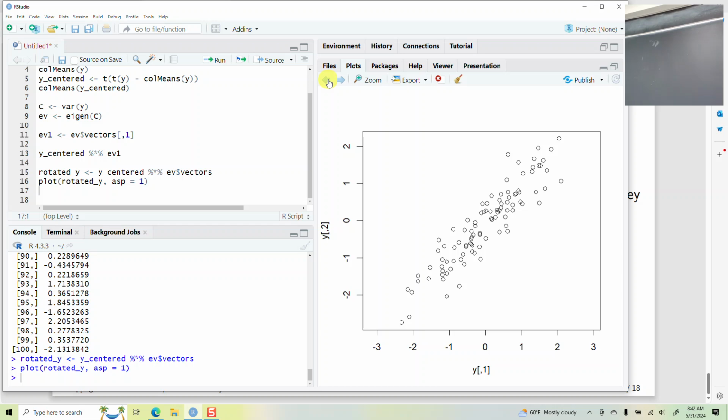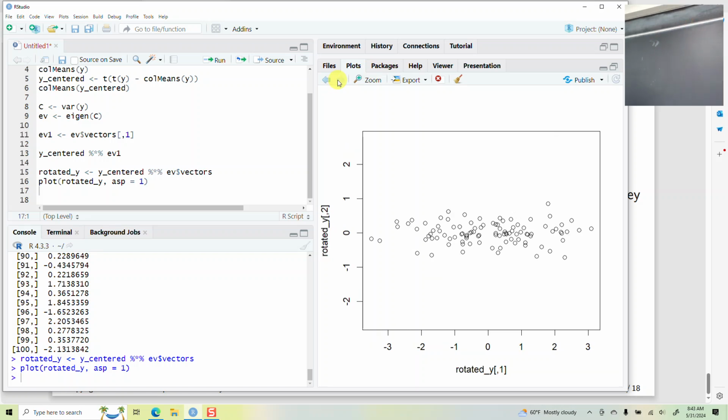Okay, and so we found the eigenvectors, and if I multiply our data by our eigenvectors, it just rotates it. So you'll notice these 2 dots out here just end up right there. So this is just a rotation.